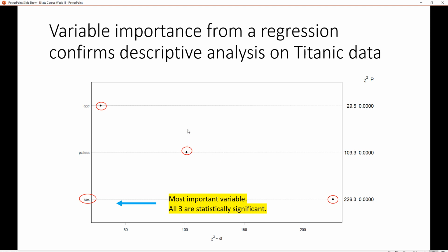It's important to note that these were all very important predictors, but some more so than the others. Age, of the three, was the least important, but still it's an important predictor. And passenger class was also important.